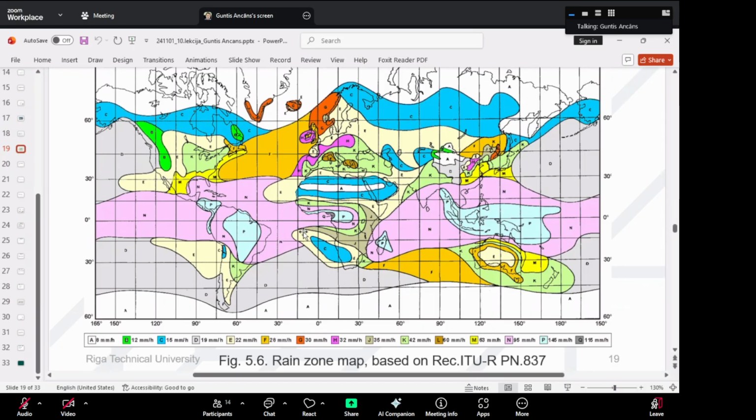This region is here, close to the equator. Quite an impressive difference.